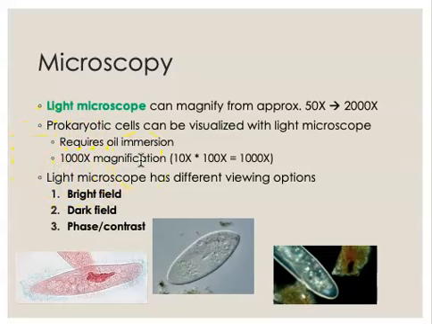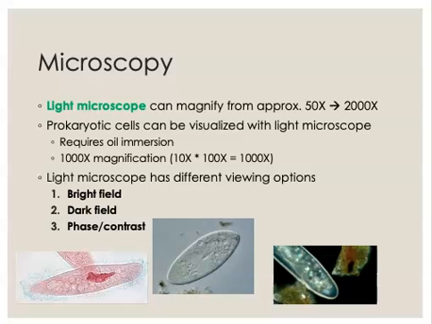Both the eyepieces on the microscope and that objective lens will provide some magnification. Eyepieces magnify about 10 times, and the highest magnification objective lens will magnify about 100 times, for a total of 1000x, or 1000 times magnification.